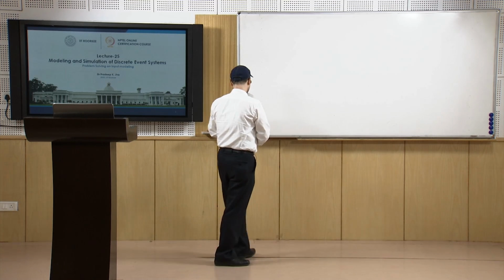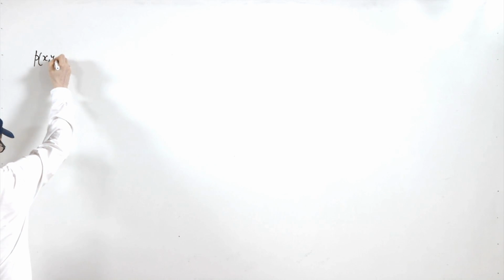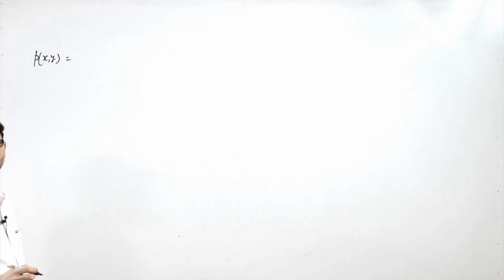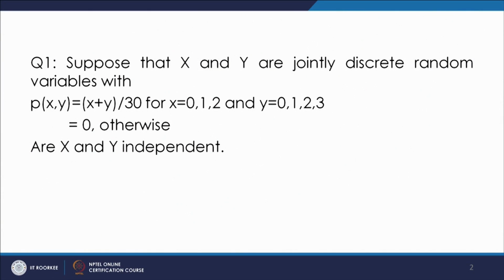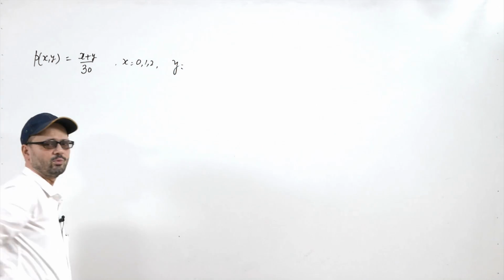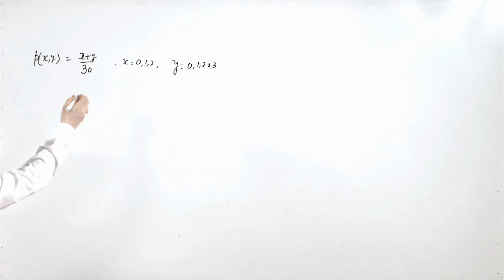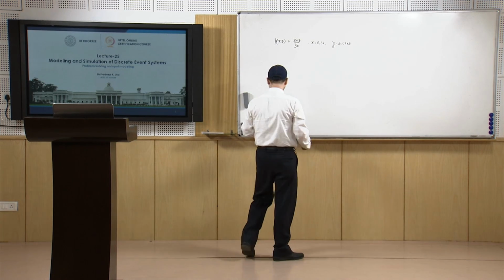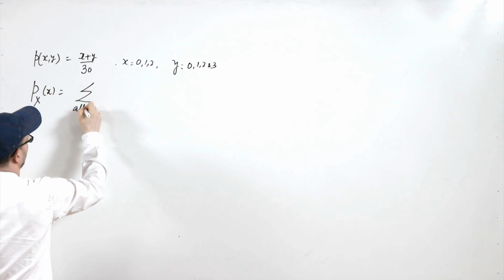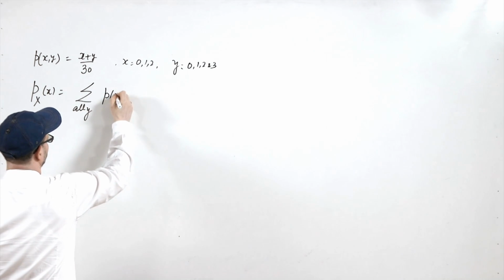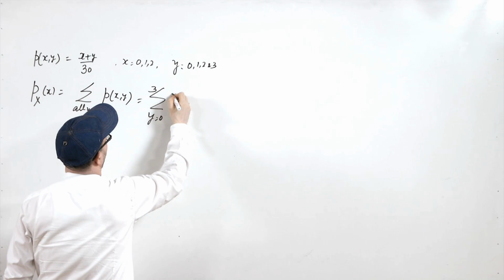In this case we have pXY as (x plus y) upon 30, where x is 0, 1 and 2, and y is 0, 1, 2 and 3, and it is 0 otherwise. Now we find pX(x), which is the sum of pXY over all y from 0 to 3, so (x plus y) upon 30.